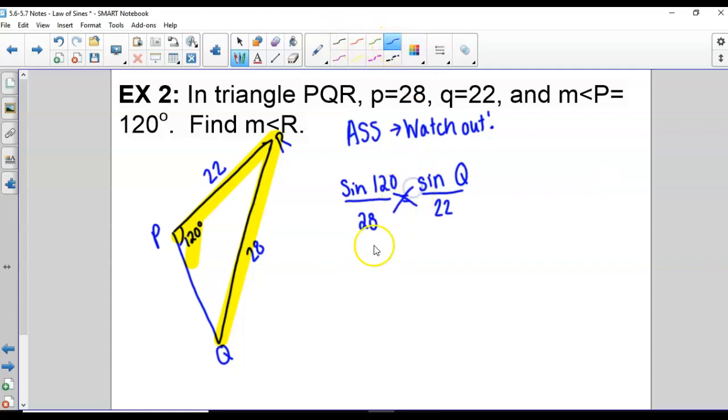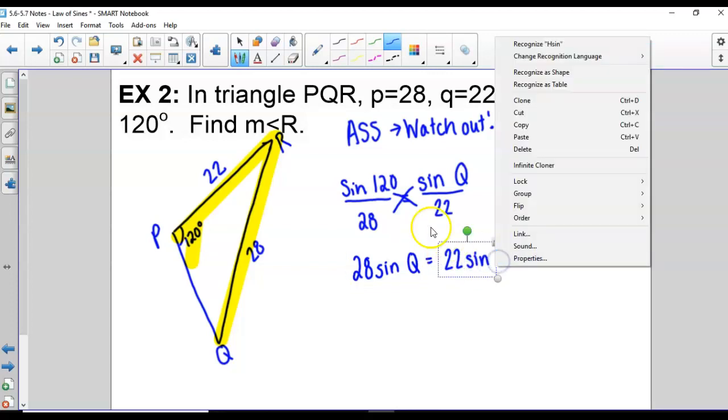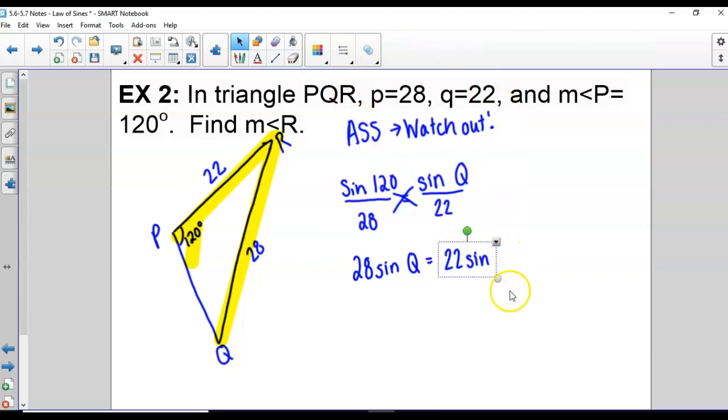We're going to cross multiply, so I get 28 sine Q equals 22 sine 120.